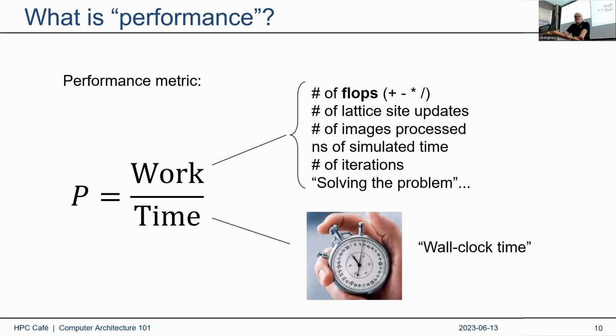How many nanoseconds can I simulate for the movement of a molecule, in MD simulations. How many iterations does my solver do per second, and so on. It could also be just one. If you have one problem to solve, then the amount of work is 1. So lots of variation here in the numerator, not so much in the denominator.